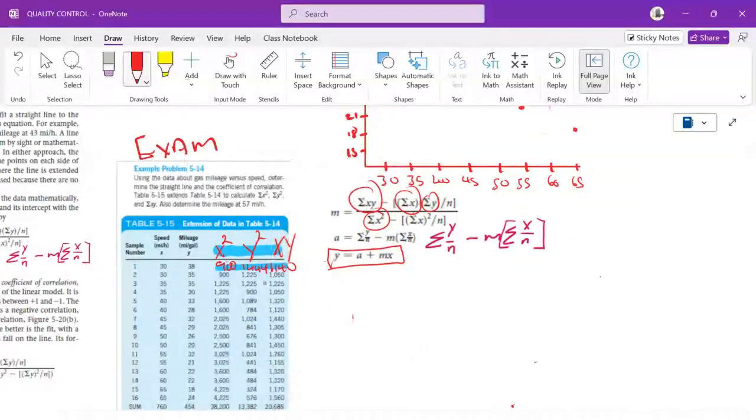And if you are doing regression, you might need even more. So you can tell that this is a lot of work, but on your calculator, it is doable.